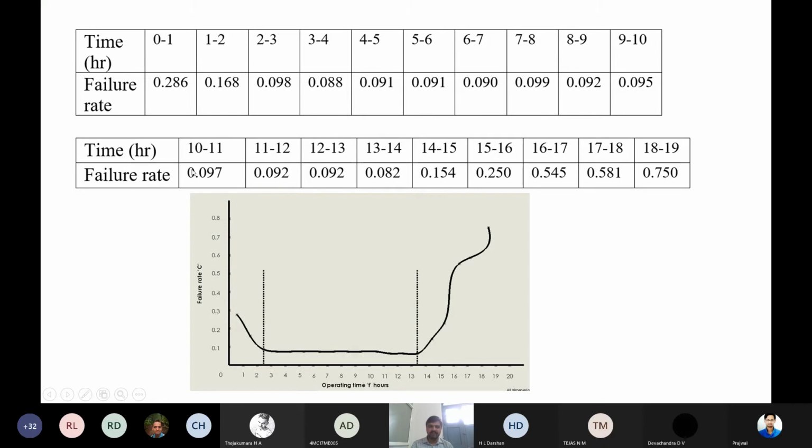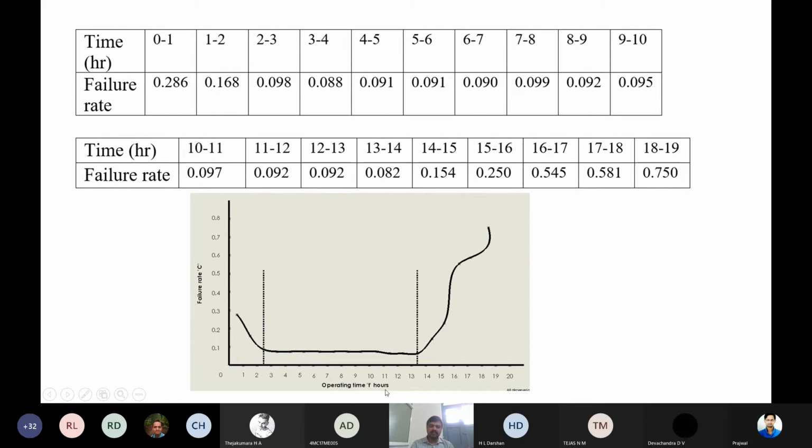Based on the values of failure rate, I have chosen the scale for the y-axis, a 0.1 interval. The maximum value is 0.75, so I will end at 0.8.